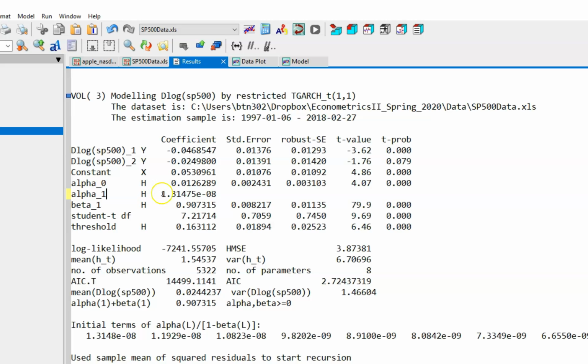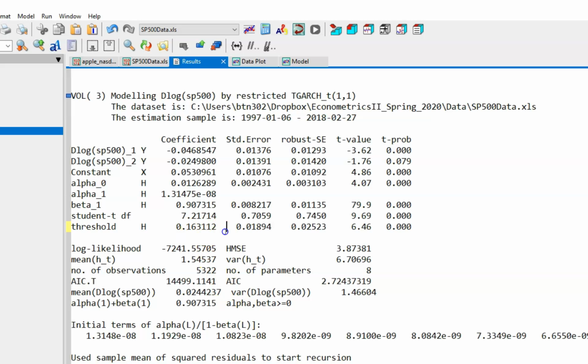So our estimate of alpha is 0, but we still have ARCH effects through the threshold parameter, namely the kappa parameter, and we see that this is highly significant and positive.